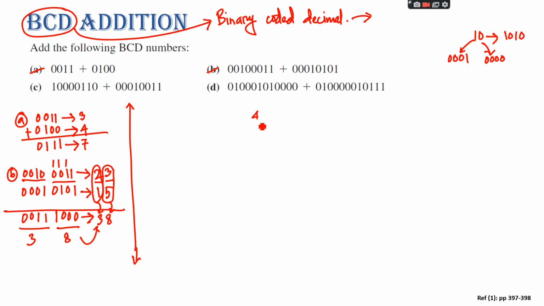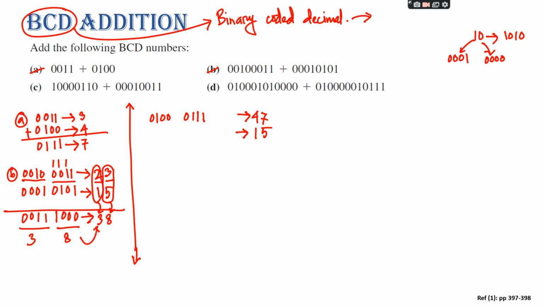Now let me do some problems where the summation goes beyond 9. So suppose we have one number 47 and another number like 15. So how can we write 47? 0100 for 4, and 7 should be 0111, right?